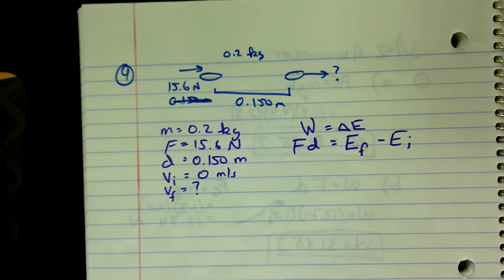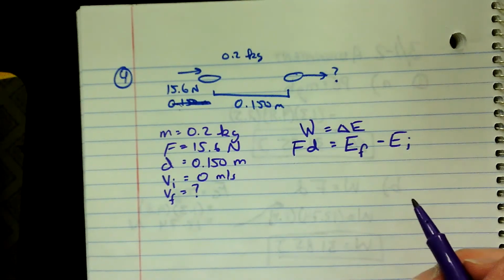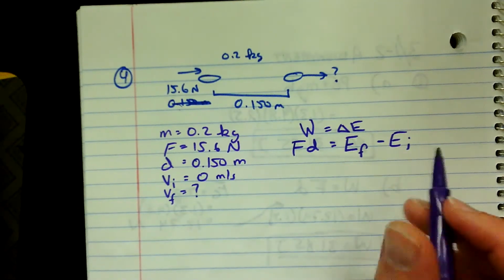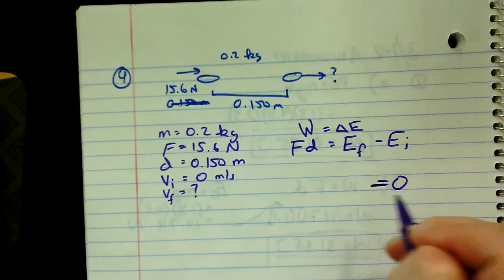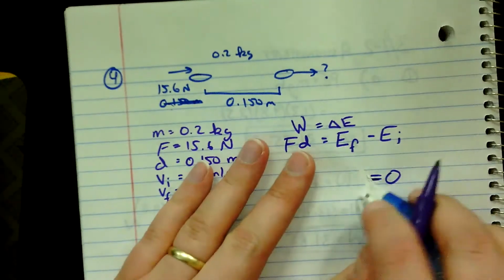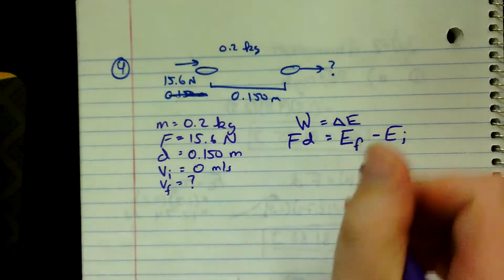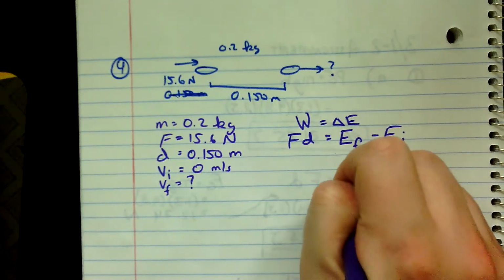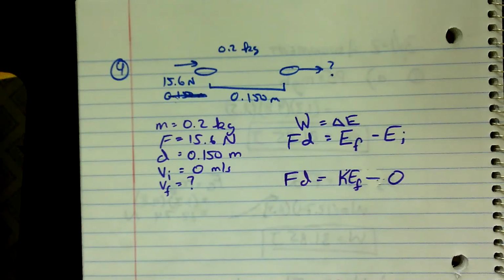And in this case, the kind of energy that I have, well, if I start at rest, my initial energy is probably 0. And what kind of energy is my final energy? So it's moving. Is that potential or kinetic? I think it's kinetic, right? So this is my equation.